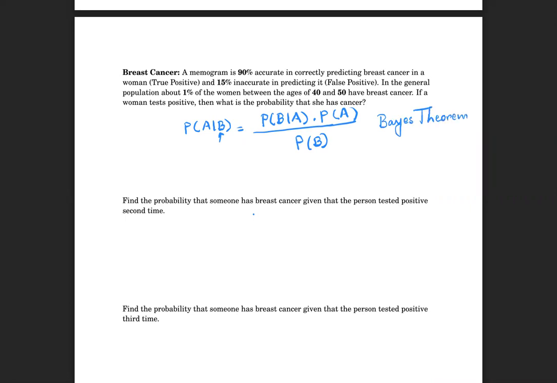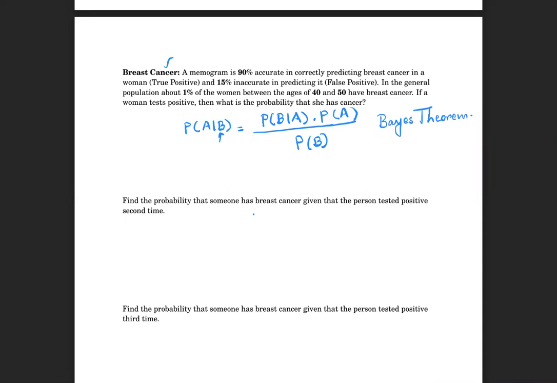Now, we have used this formula to solve the breast cancer problem. I spent plenty of time on this problem last time, but I'll quickly go over it again, even though I did it in multiple formats. So let's do the problem again.